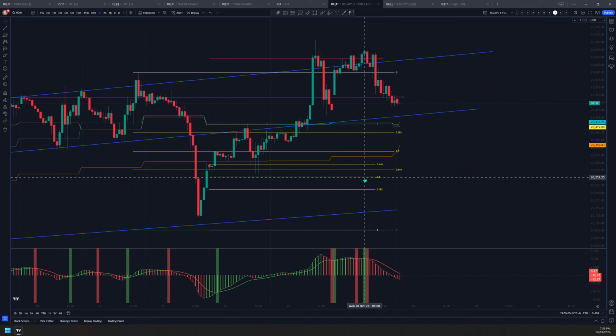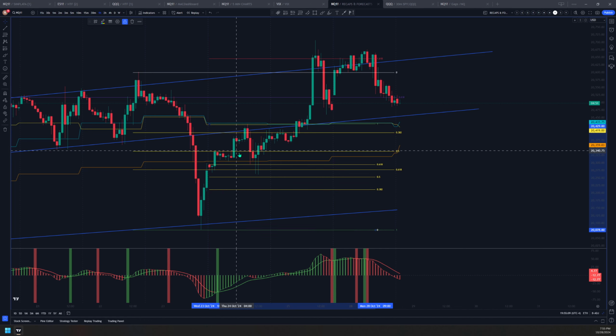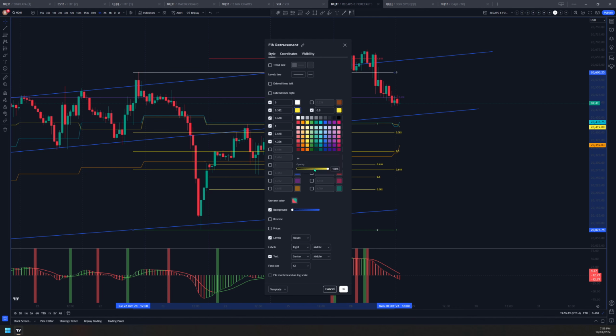So this fib here from the downside, that's still potentially relevant. That one could be a baseline. Let's go ahead and hit this with that 50% opacity on the edge of the pocket as well.